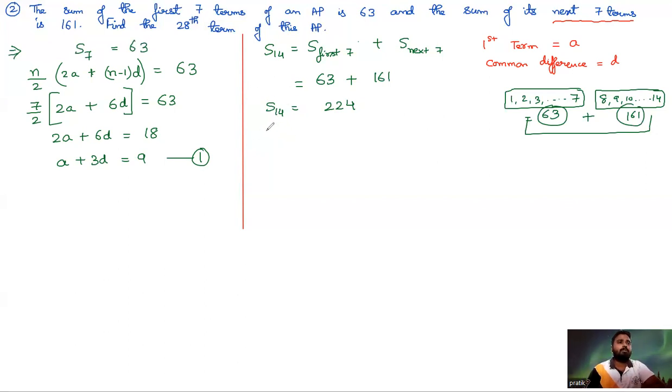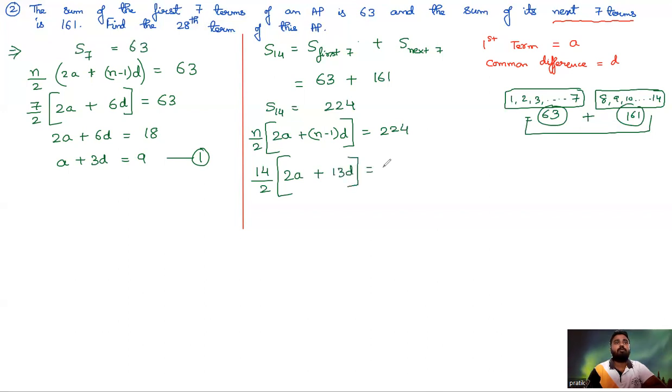So the sum of 14 terms, when I'm trying to find this, is again as per the general formula n by 2 into 2a plus n minus 1 into d, which is equal to 224. So n is 14 by 2, we are aware of a, and this is n minus 1, which is 13d, equal to 224.